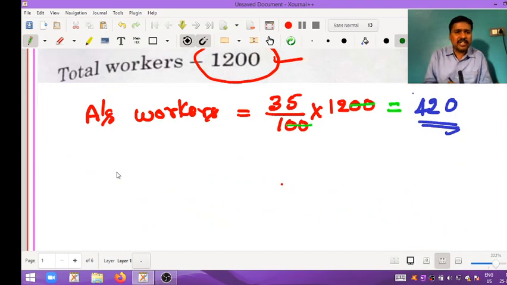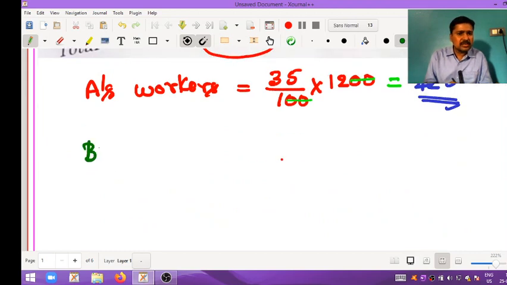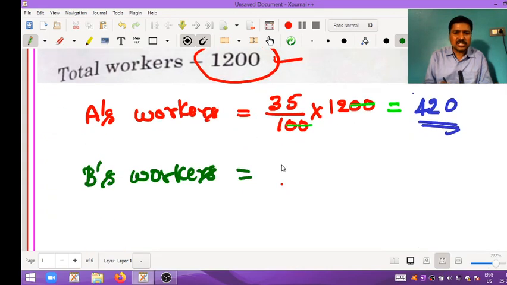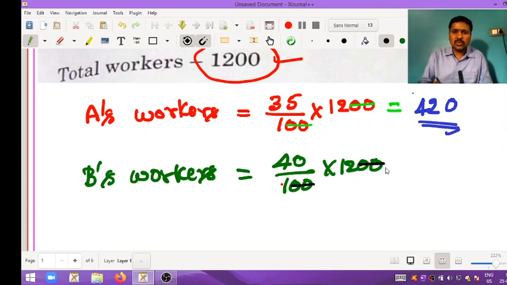Similarly, you have to find B's workers. Company B workers is equal to, according to this data, B's share is 40%. So 40 by 100 into total workers 1200. Two zeros cancel. So 40 into 12, 12 4s are 48, 480, my dear students.